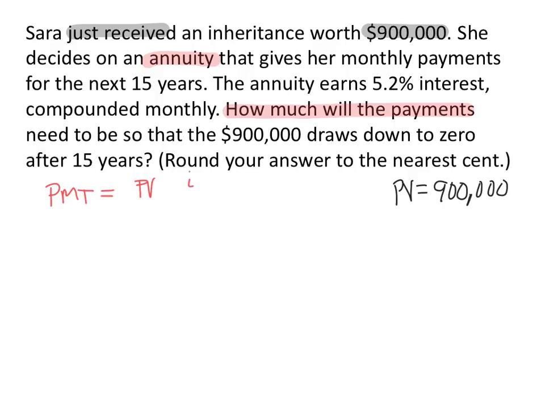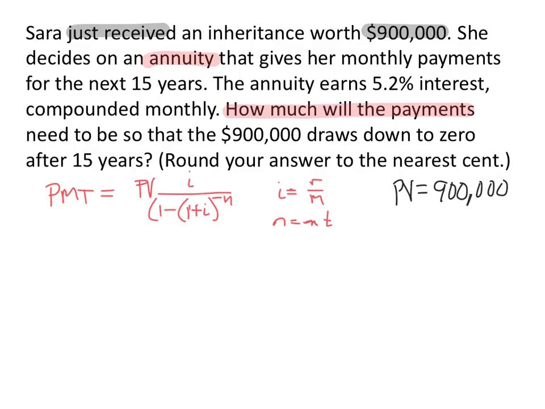What is this? This is I over 1 minus 1 plus I to the negative n. So I need to find my I, which is the rate over m. I need to find my n, which is m times t.